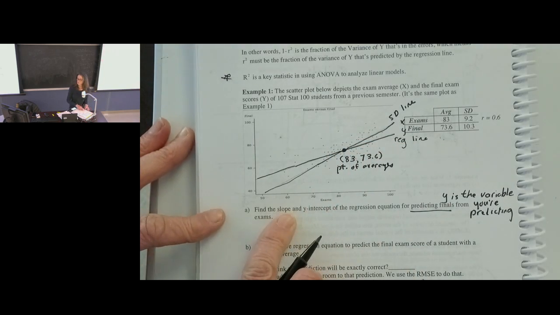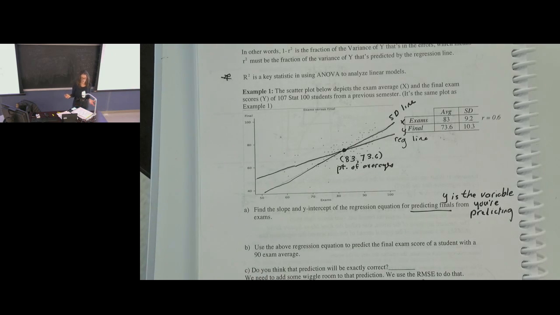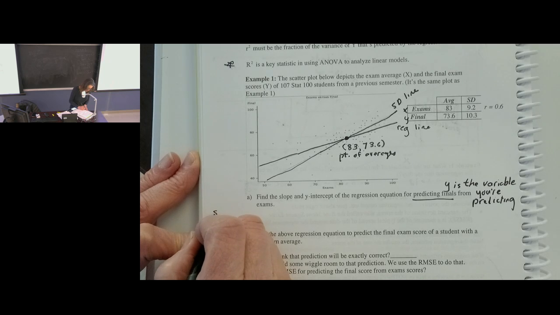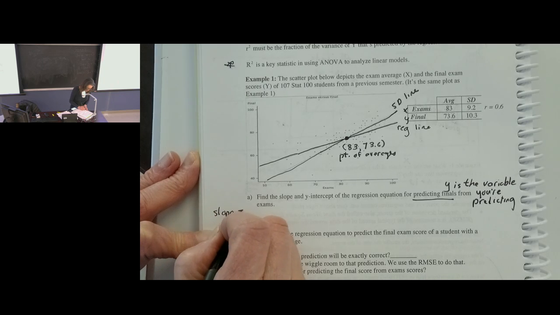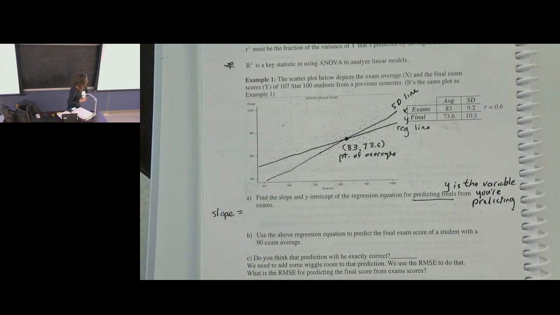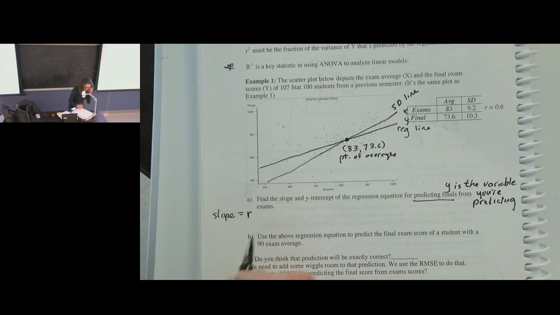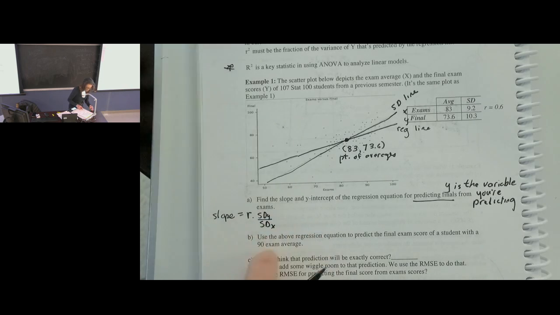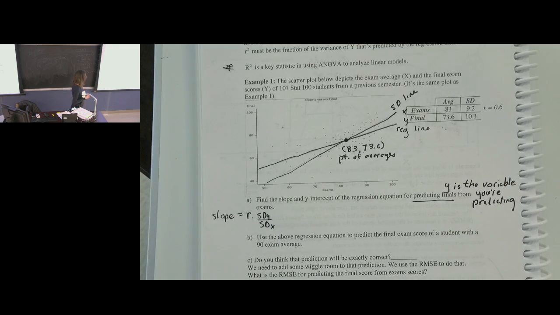Now we want to find the slope and the y-intercept. You need to know this equation for the slope; I think it's pretty easy to memorize. It's the correlation coefficient, R, times the standard deviation of y divided by the standard deviation of x, rise over run.